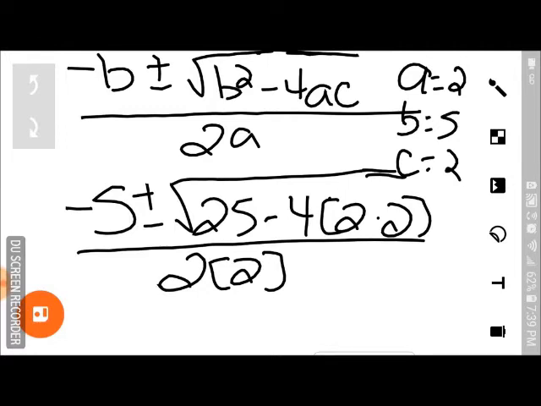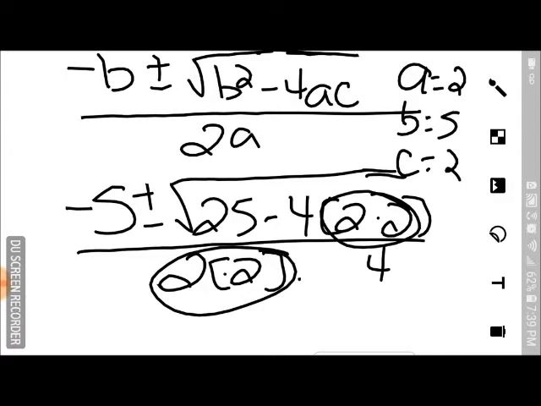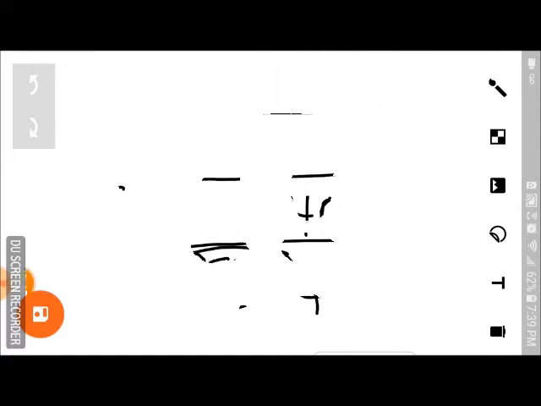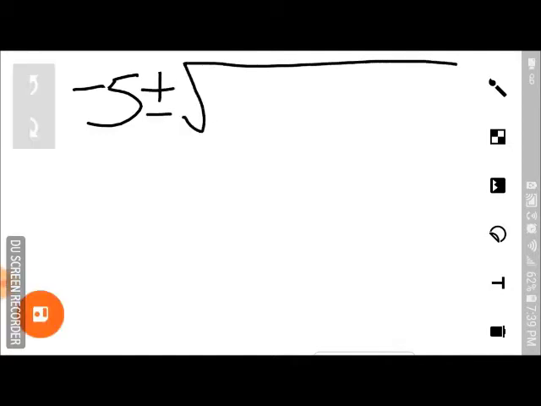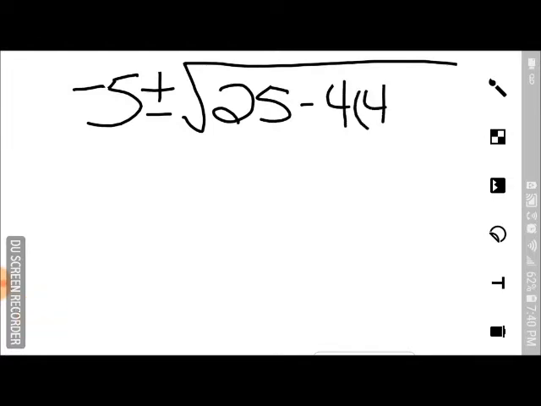So now let's multiply these out. This 2 and this 2 is going to be a 4. This 2 and this 2 is going to be a 4. So your problem will now look like this. Negative 5 plus or minus the square root of 5 squared, which was 25, minus, we had a 4 times a 4.